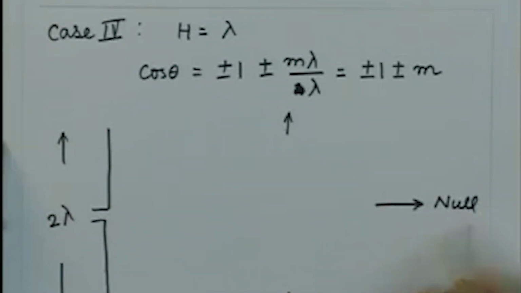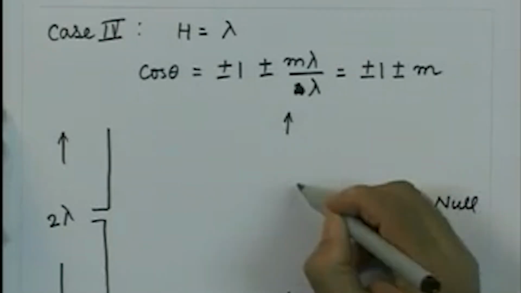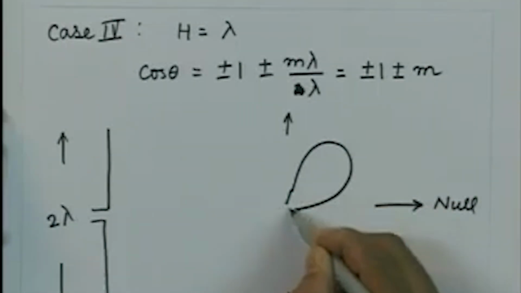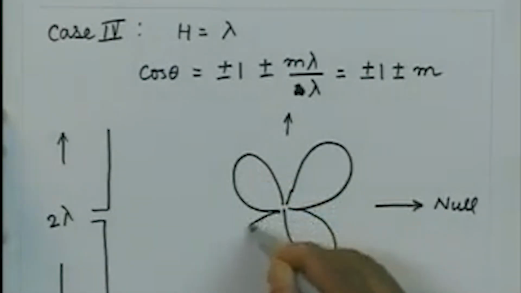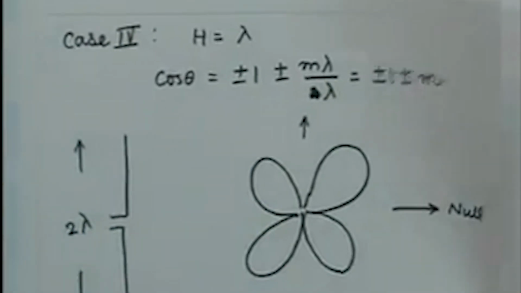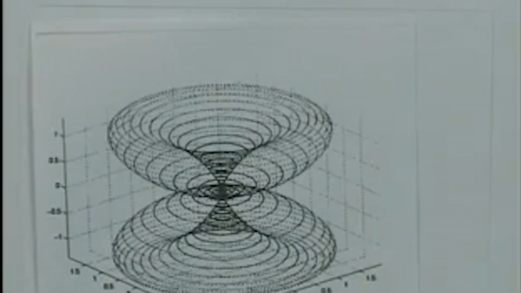I got 3 nulls, and the radiation pattern now would become something like this. If I revolve this around the axis of the dipole, we will get a radiation pattern like this. So this is for H equal to lambda.